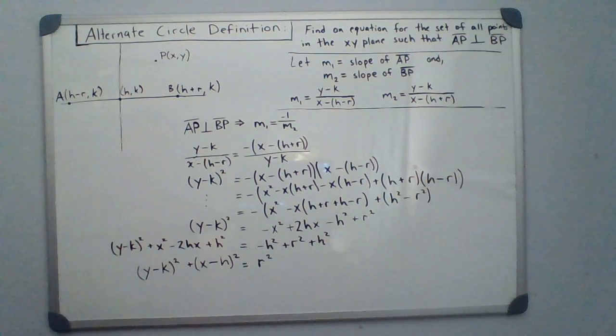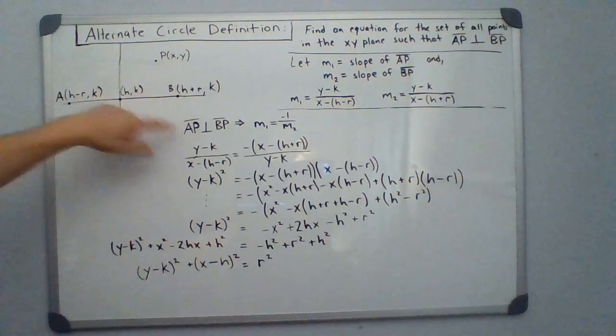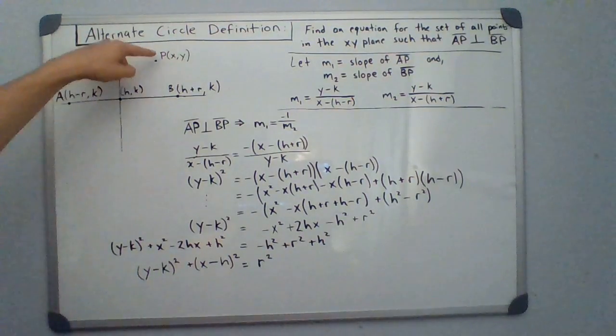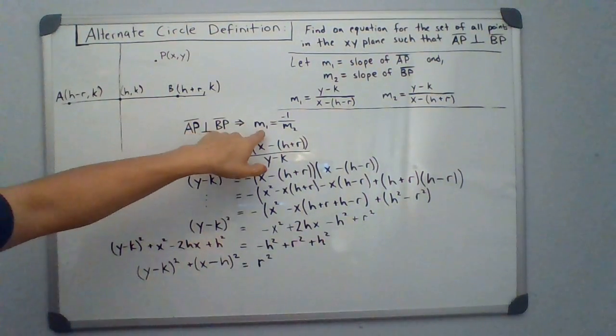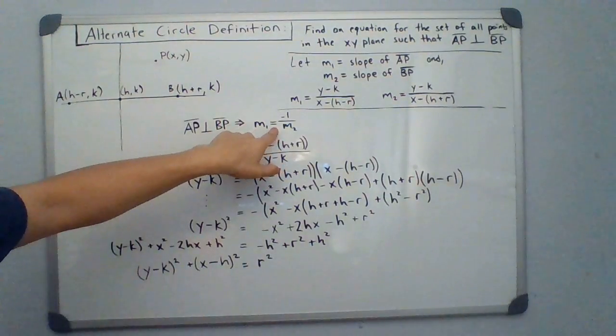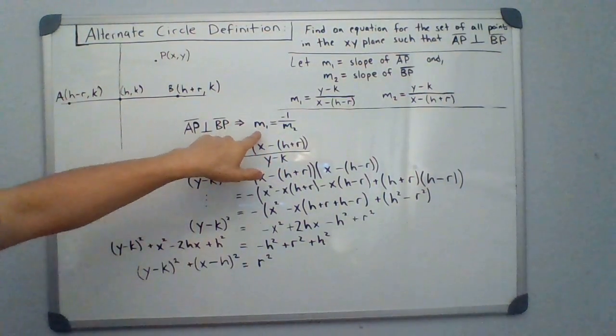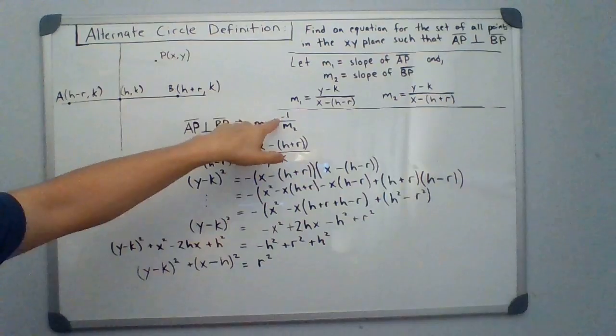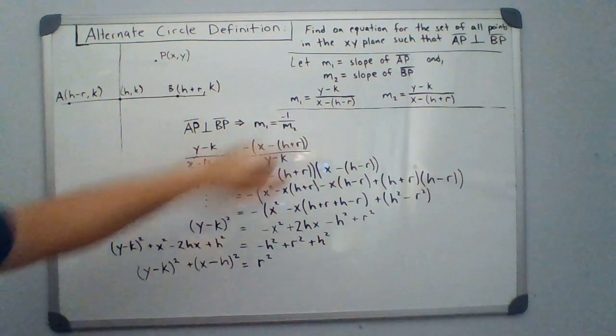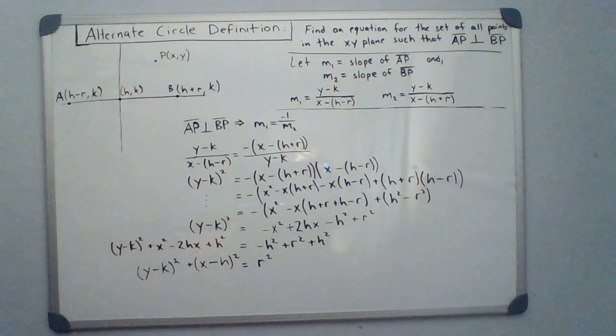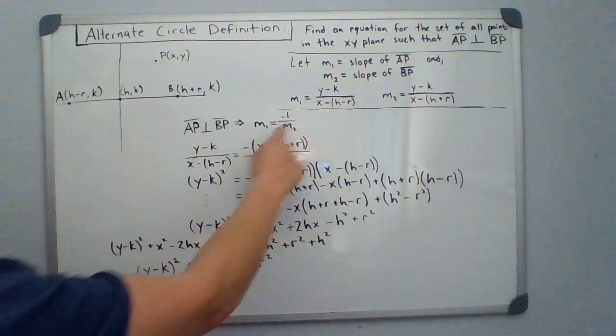So are there any other points I want to make? I guess I could walk through the algebra really quickly. AP is perpendicular to BP implies that m1, the slope of AP, is equal to the negative of the multiplicative inverse of the slope m2.